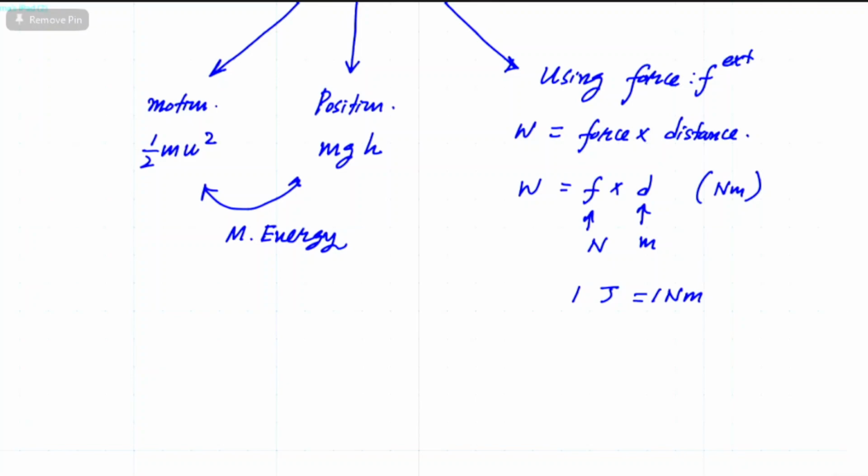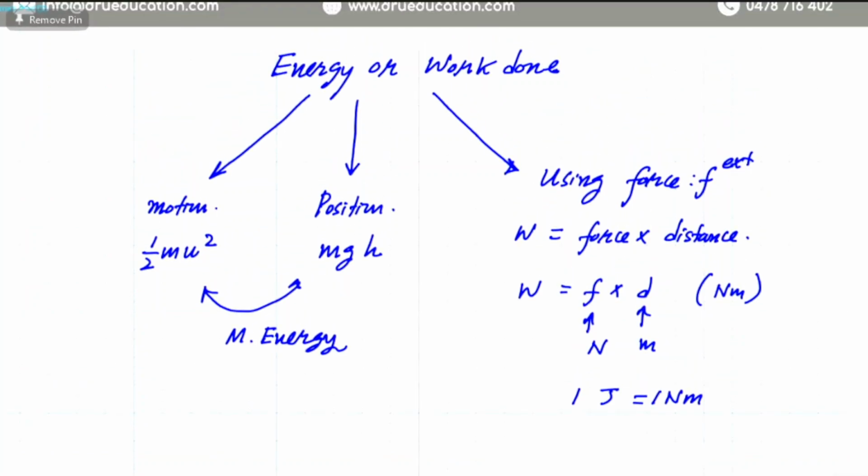Now, there is another connection. These are the three things you have to know. But there is another connection that we can come up with. Now, we are talking about energy, right? We are talking about work done. Same work done we discuss in three different ways, right? So there should be an interconnectivity between those three things.